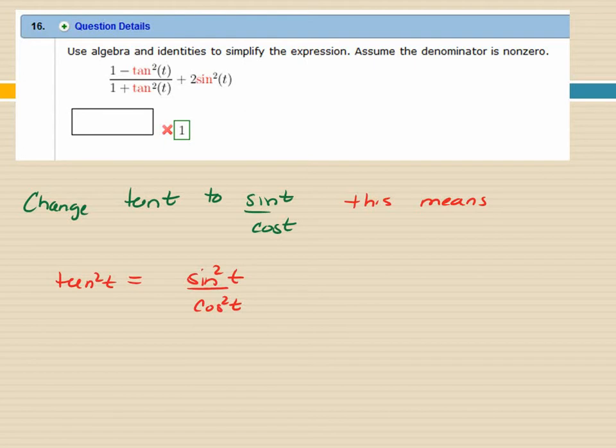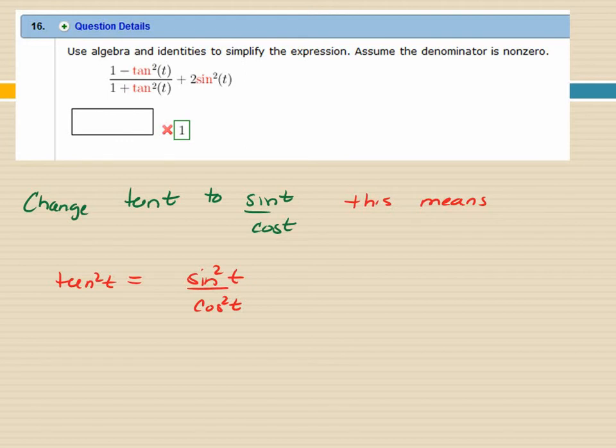What that means is, when I have tangent squared on top and bottom of that fraction, the tangent squared is really sine squared over cosine squared. Is that a rule? It's the same thing as squaring it. It comes because if I square tangent t, and the inside part is sine t over cosine t, well, it's a rule that squaring a fraction means you square the numerator and square the denominator.